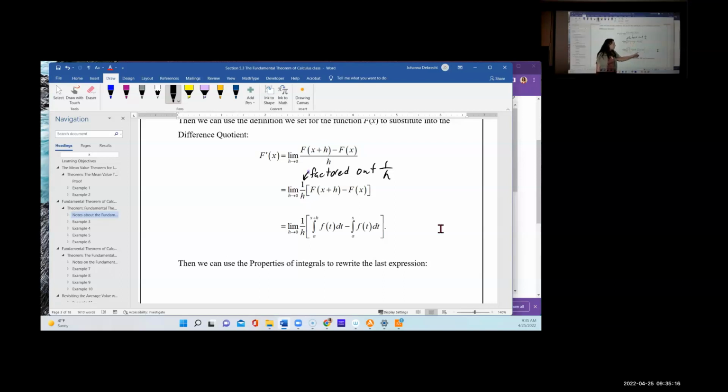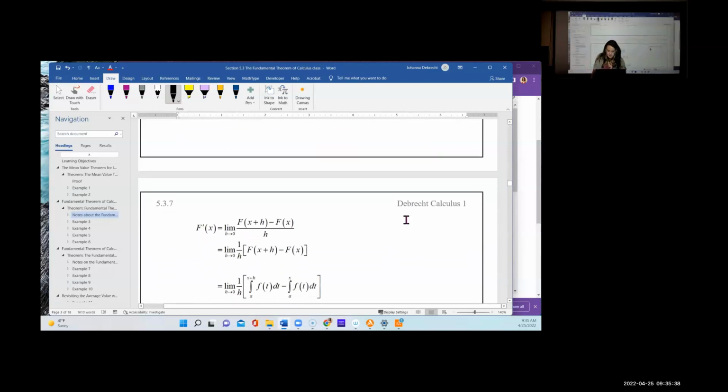And the second one will be the definite integral from a to x of f of t dt. So we're substituting using the definition of what uppercase f of x is. Now we're going to use properties of integrals to manipulate these two definite integrals to get them in a slightly different form. So let's scroll down.